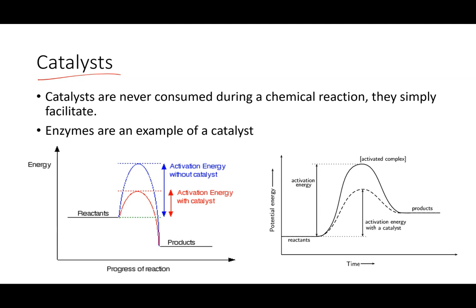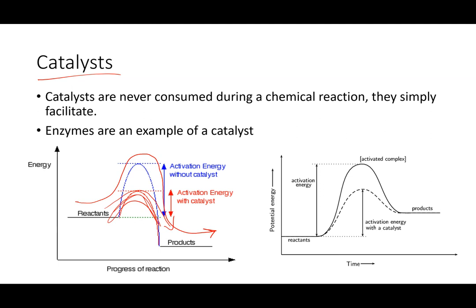So remember the hill that we looked at earlier. So if you have a hill that you need to overcome, a catalyst can facilitate the reaction or help it proceed and lowers the activation energy. It basically makes the hill smaller.